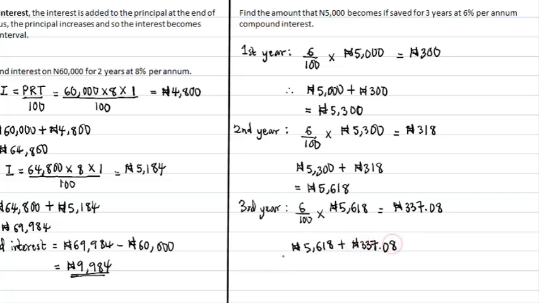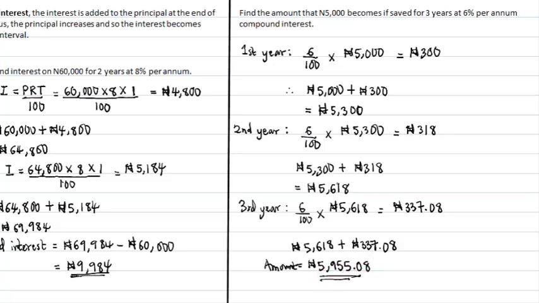So our final amount for the third year will result to 5,955 naira 08 kobo. So this is our total amount.